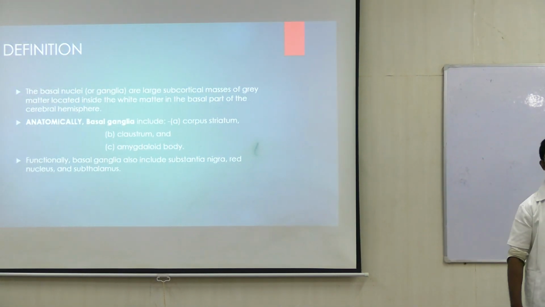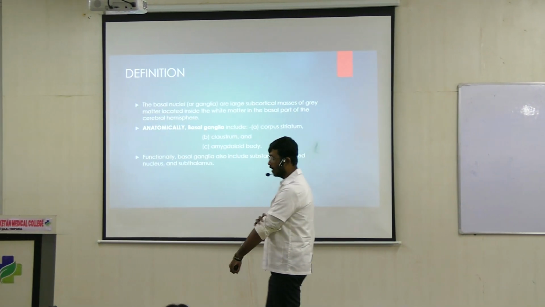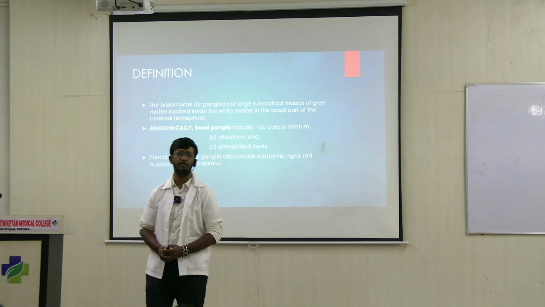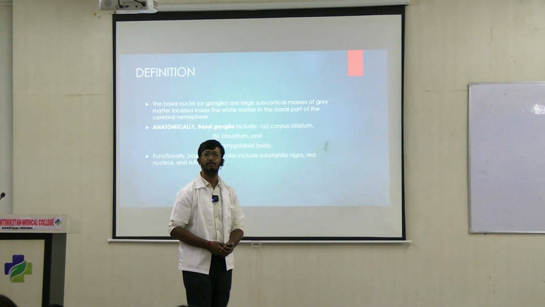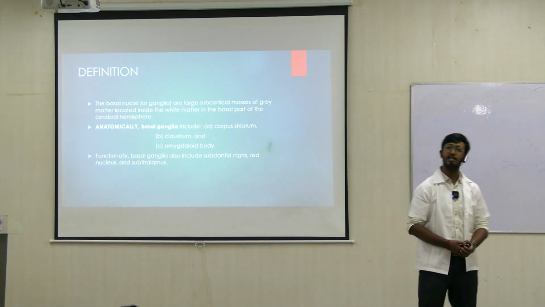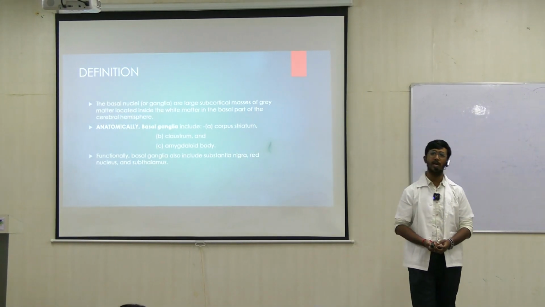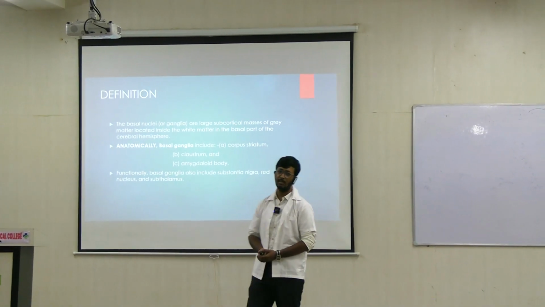Do you know the difference between gray matter and white matter? What is gray matter? Anyone? Cell bodies, yes. Gray matter is gray in color, white matter is white in color. Our brain is composed of gray matter and white matter.